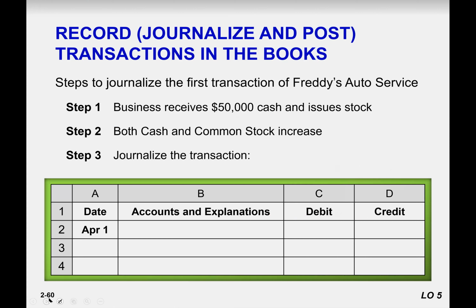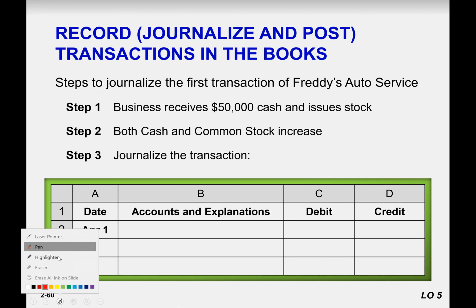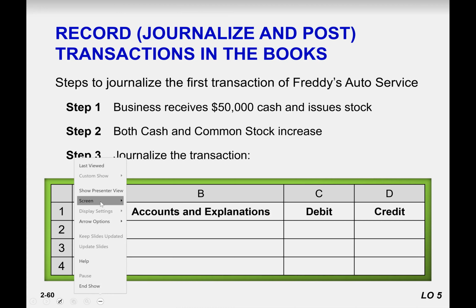Now let's talk about the journal entry. Let me first explain the rules one more time. Whenever we are making a journal entry, we start from debit and then we write credit.